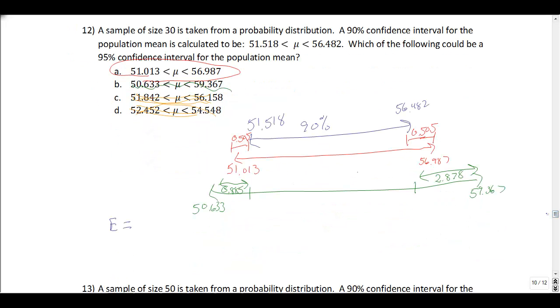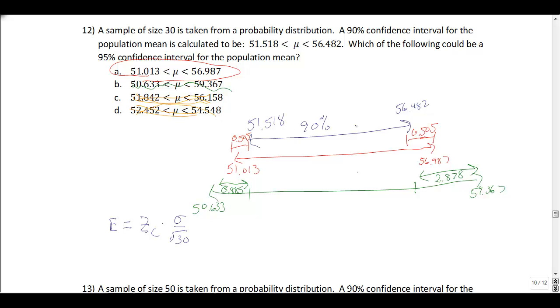It doesn't say anything about sample standard deviation or population standard deviation, so I don't know if we're using a Z or a T. Let's assume we had a population standard deviation and use a Z, just because it makes the critical values simpler. So the margin of error is Zc times sigma, which we don't know, over the square root of n. We know n is 30 here.